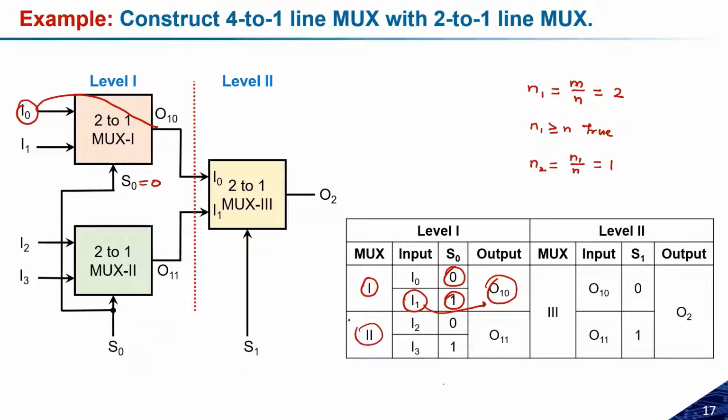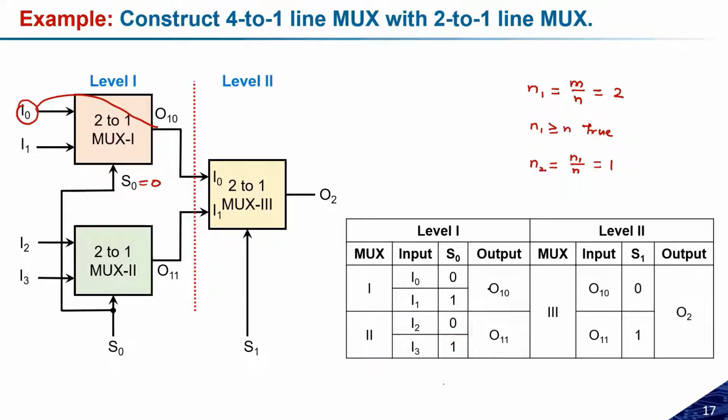If I'm talking about multiplexer 2, because multiplexer 1 and multiplexer 2 are both working simultaneously, I2 will be transferred to O11 if S0 is equal to 0, and I3 will be transferred to O11 if S0 is equal to 1. Okay, so this is all about the first stage.